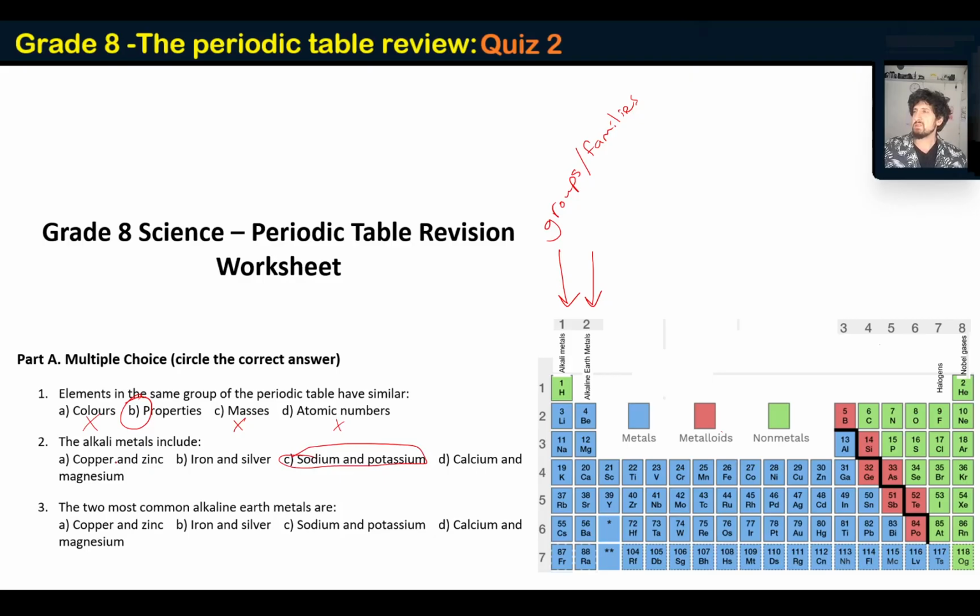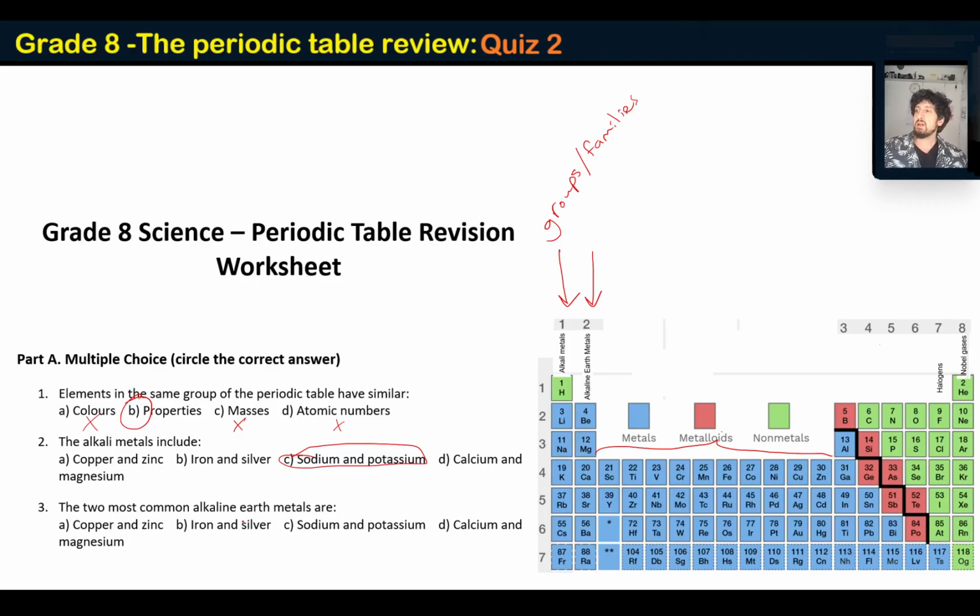What about copper and zinc? These are here in the transition metals. Look, that's copper right here, and that's zinc right here. So they're in transition metals. What about iron and silver? Once again, transition metals. That's iron, and silver is all the way down here. So those are transition metals. What about calcium and magnesium? Oh, calcium, magnesium. These are in group 2, alkaline earth metals. So they're not alkali metals. Okay, just be careful with that one.